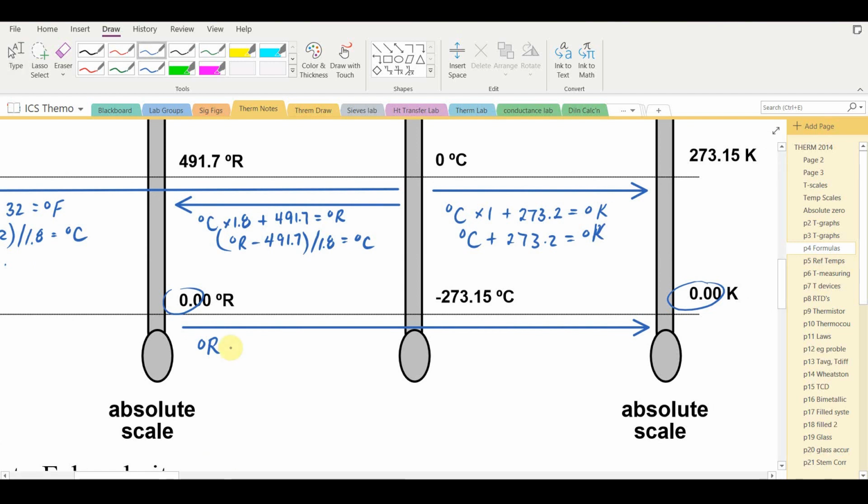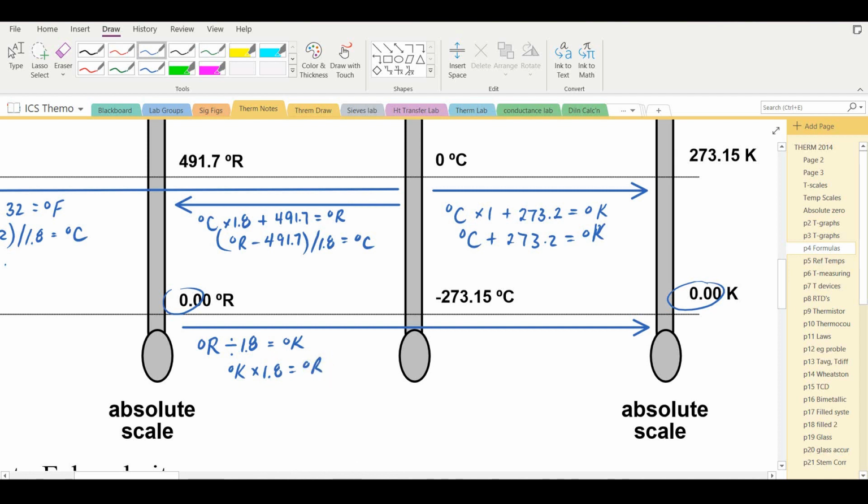So it'll be divided by 1.8. And so 0 divided by 1.8 is 0, and we have no offset. So that's it. It's just Rankine divided by 1.8 is degrees Kelvin. And as you likely know, we could reverse this and say Kelvin times 1.8 is degrees Rankine. All right, easy one.